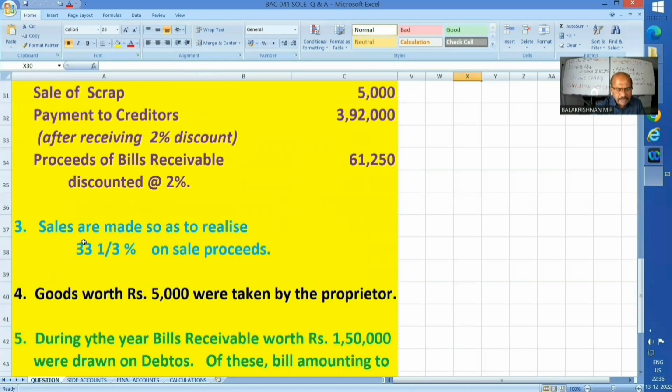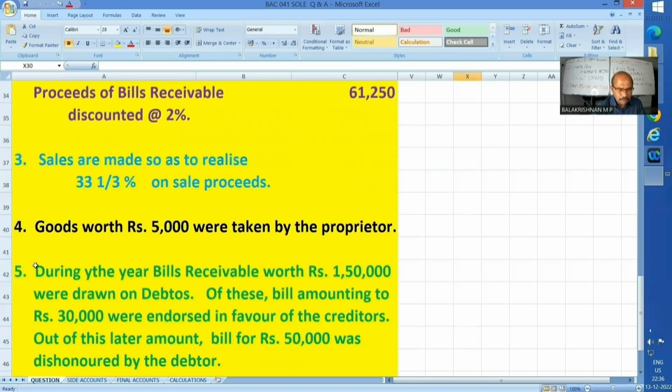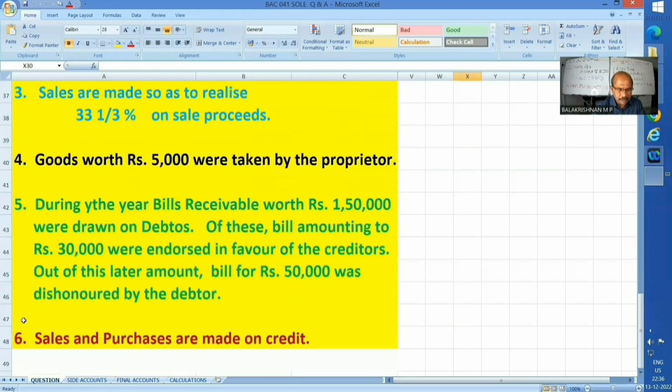Third segment. Sales are made so as to realize 33 and 1/3% on sale proceeds. The 33 and 1/3% means it's 1/3 of 100. Similarly, 50% means what? Half of 100. Okay, like that. Fourth, goods worth rupees 5,000 were taken by the proprietor. Fifth element.